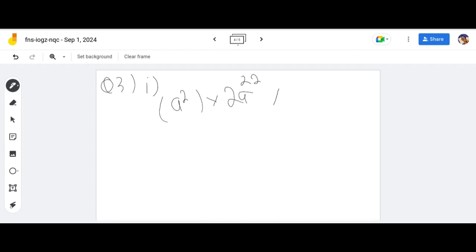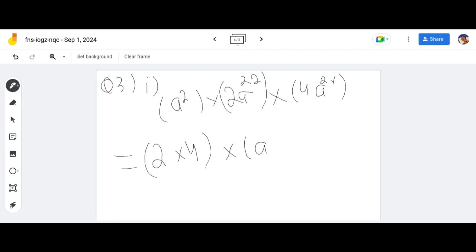Then I will put the bracket, then 4a 26. So it will look like this. I have to multiply each term with each other. I will separate the numeral factor and the variable factor. I will put the 2 and 4 here first. Then I will solve the a terms separately, like this: a into 2, a into 22, a into 26.